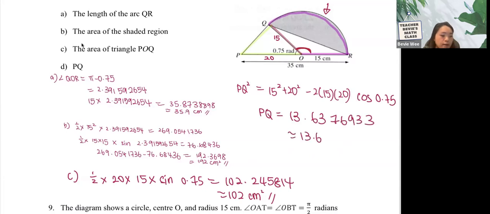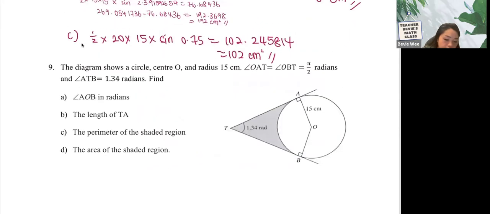I'll round it off to 3 SF, 13.6 cm. That is my PQ. Is it okay? So far, so good? Okay, come, this one.